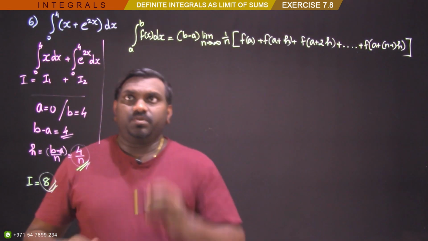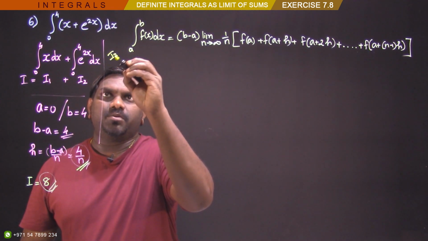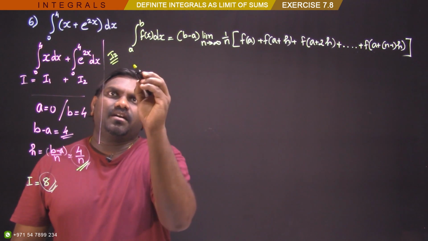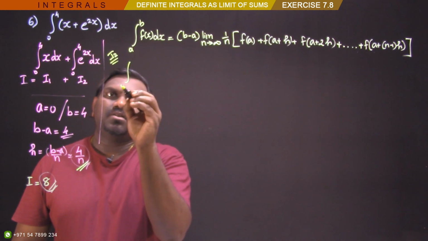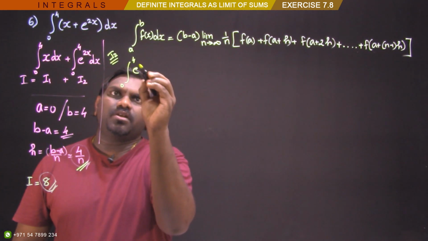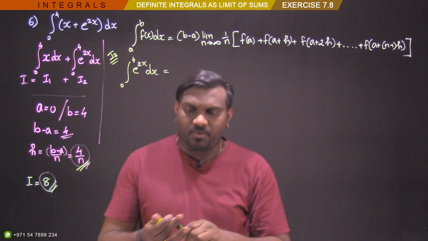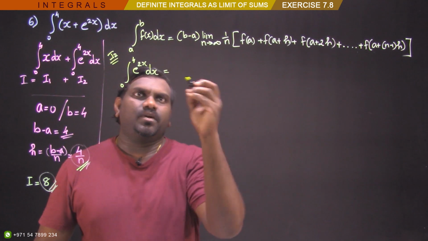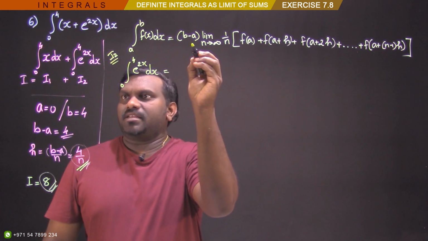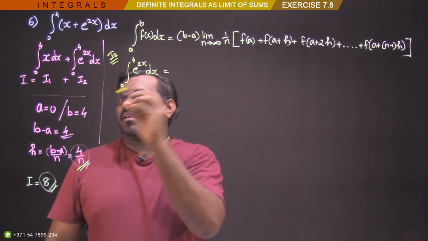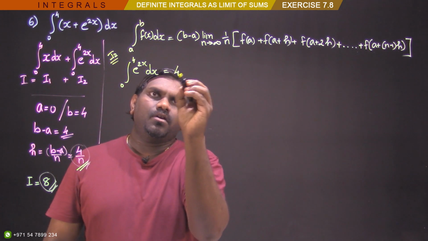On to I2, dear. Now we can find I2. What is I2? It is the integral from 0 to 4 of e raised to 2x dx, dear. Remember, we did e raised to something before, and we have to do it the same way. Okay, let's see this one, dear. Anyway, b minus a we already found, that is 4, dear.